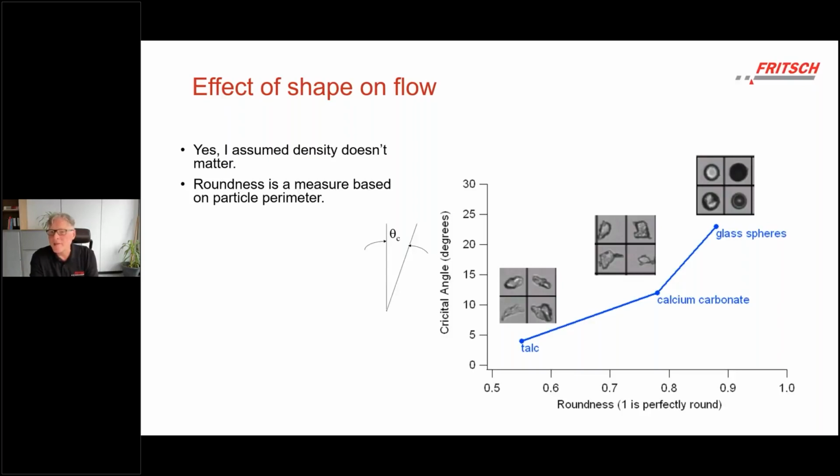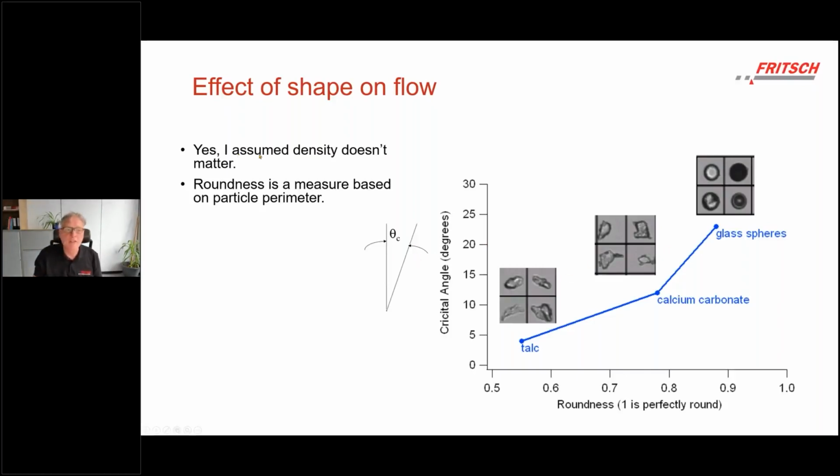While the glass spheres, of course, glide much better. If you have only single glass spheres, they will roll. But imagine you have a compact material, you have millions of glass spheres, they interact, and so therefore they even stick at relatively large angles already.